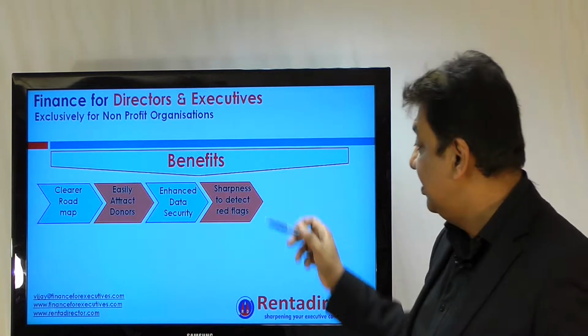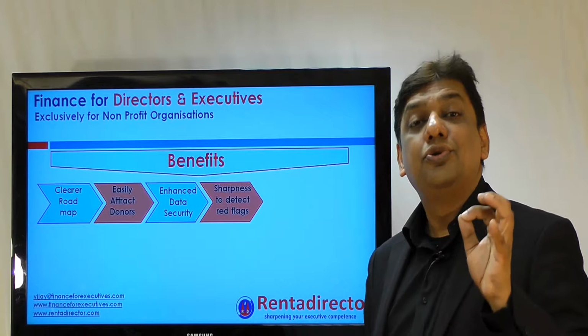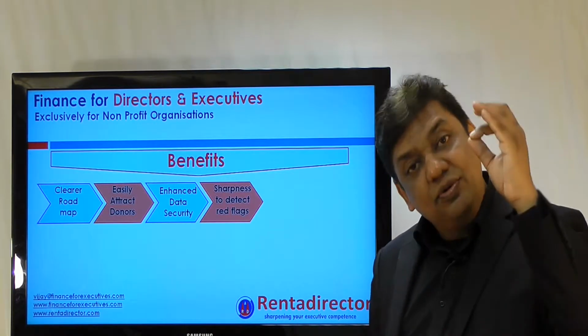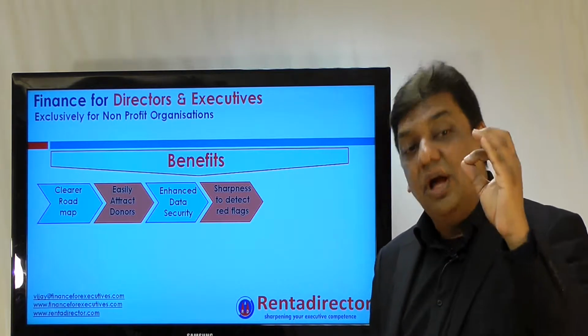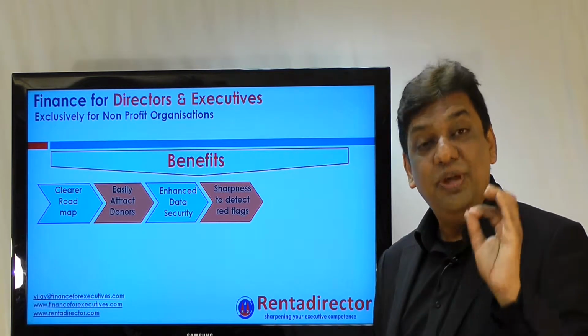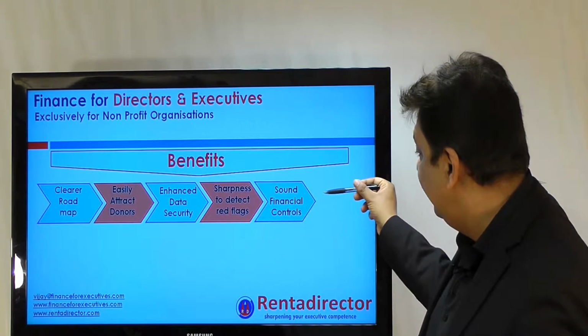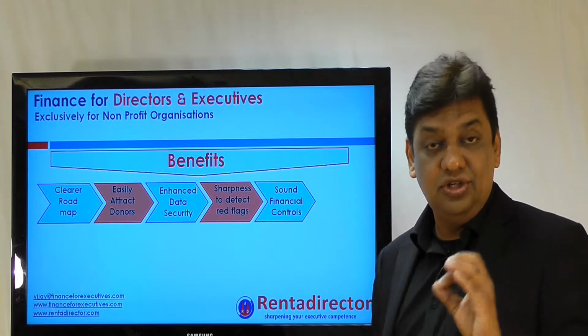Another important part, you'll have sharpness to detect red flags. We go step by step into financial statement analysis, and you'll have a better view as to where the red flags are. Another important one is sound financial controls.